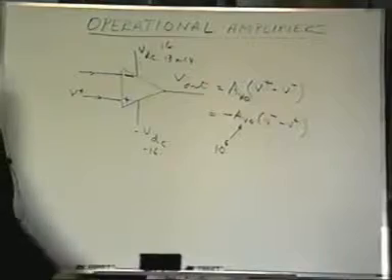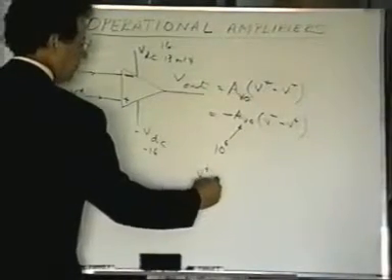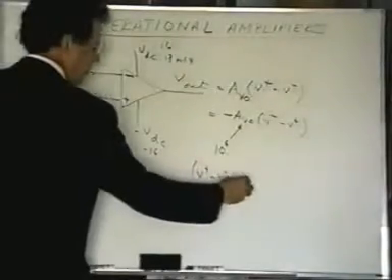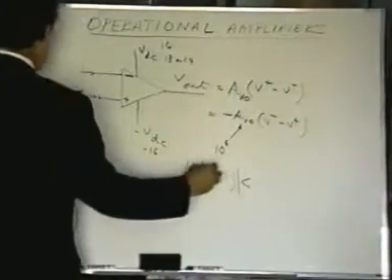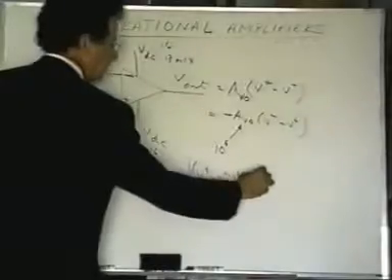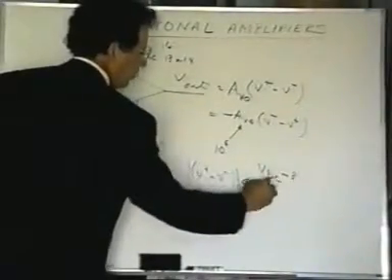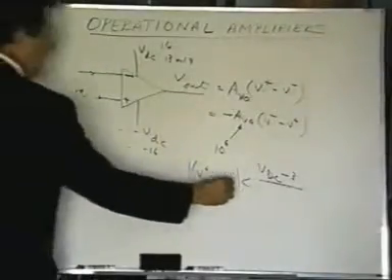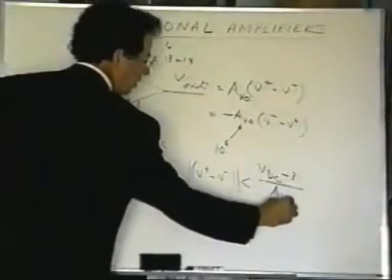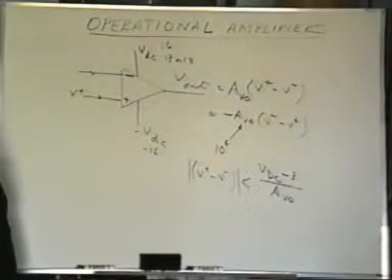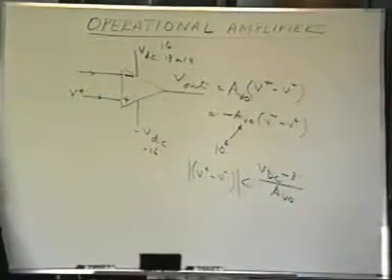Consequently, we can write that V plus minus V minus, the difference between the two, is less than, in magnitude, the value of the supply voltage minus 3 volts, the whole thing divided by A sub V sub 0. So this keeps the voltage quite small in that range.